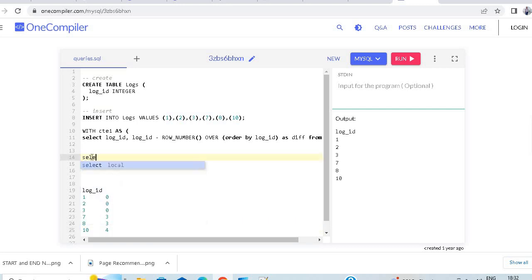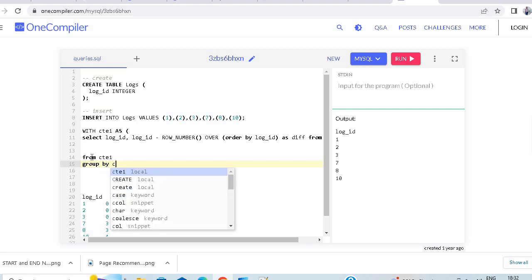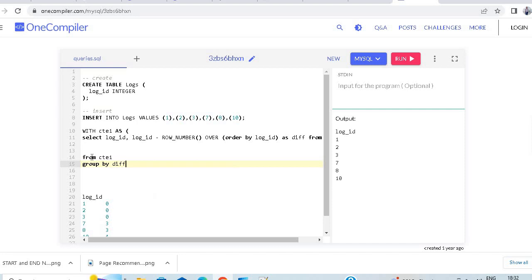Okay, what I want, I will select from city1. City1 has two columns, log id and difference. From city1, I want to group by on difference.